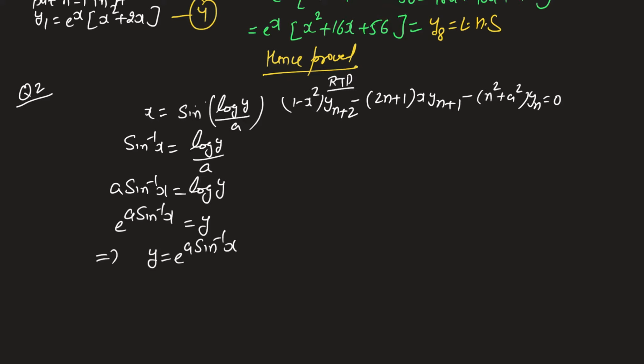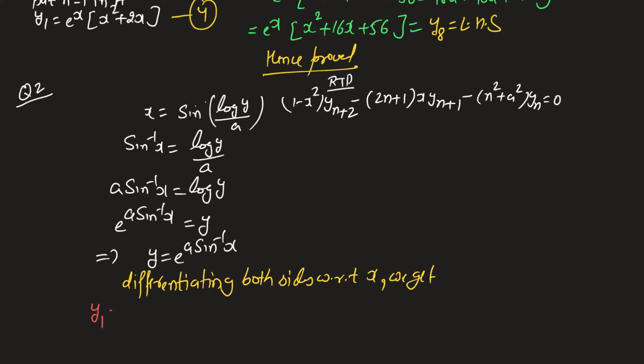Now differentiate it with respect to x. Differentiating both sides with respect to x, we get y1 is equal to e raised to the power a sine inverse x as such into a, a is a constant quantity, differentiation of sine inverse x will be 1 over root 1 minus x square.